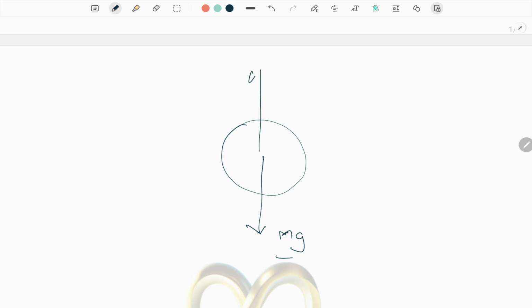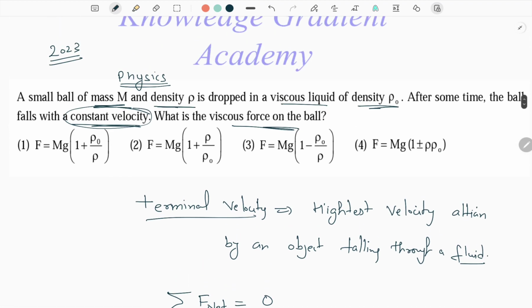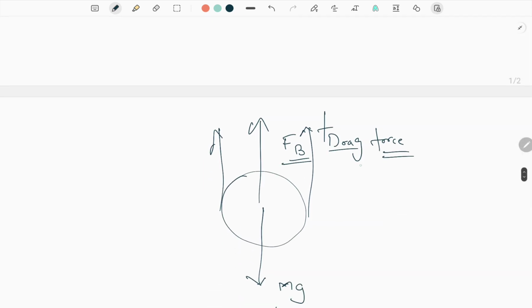Then there is a force acting upward, that is the buoyant force. Due to the liquid being viscous, another force acts, that is the drag force, also known as the viscous force, because this comes due to the viscosity of the fluid.